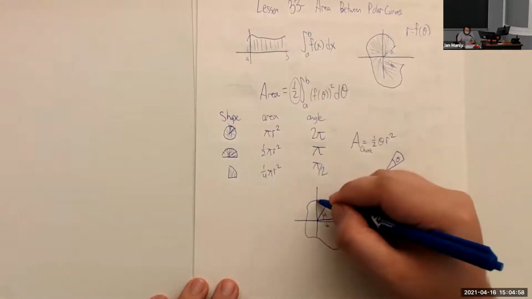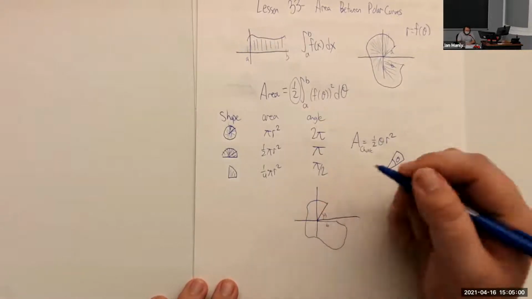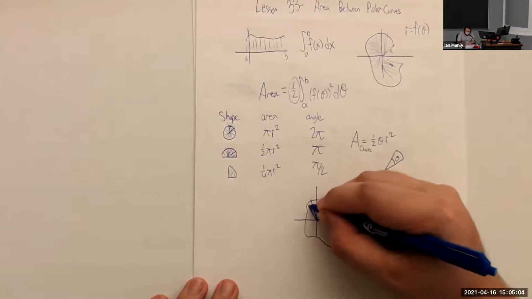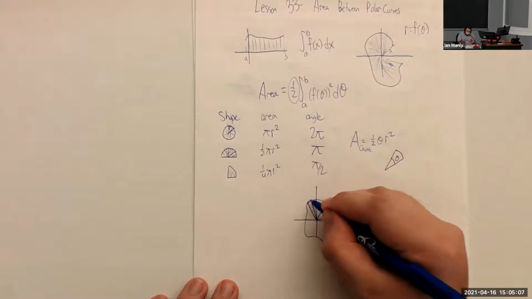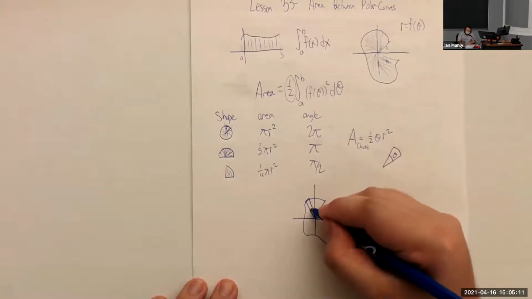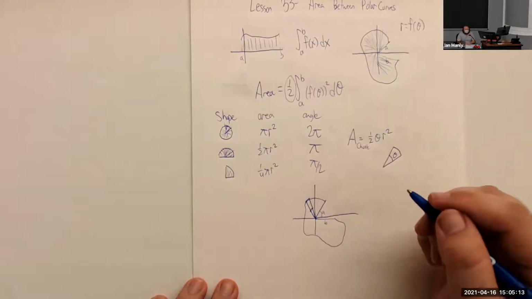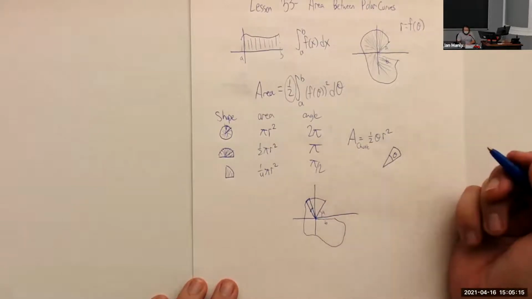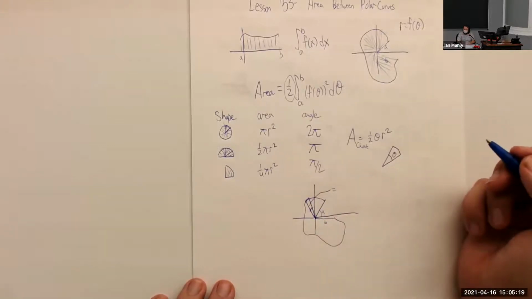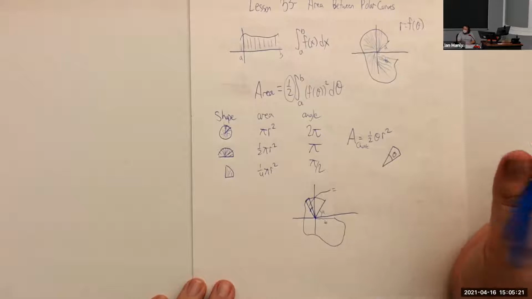So we're approximating all of the twists and turns along this polar curve as just little tiny sectors of a circle. So since we're rotating through a very tiny angle right here, what is this angle going to be? It's really tiny. It's going to be d theta.